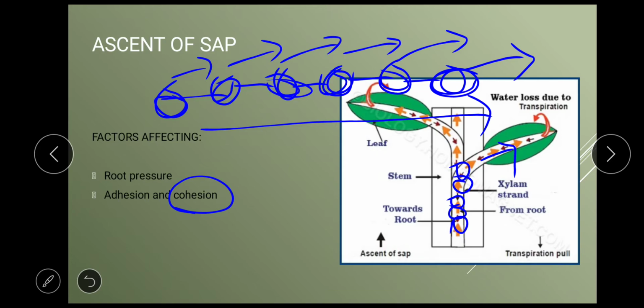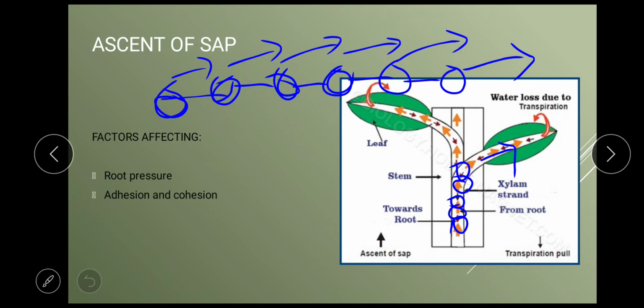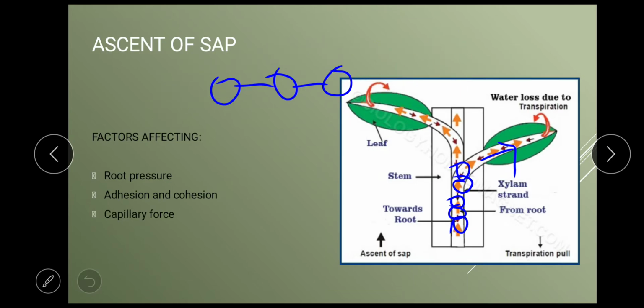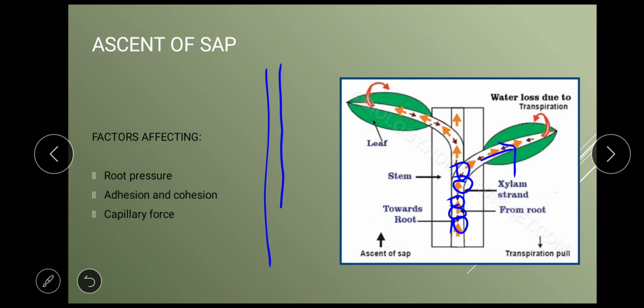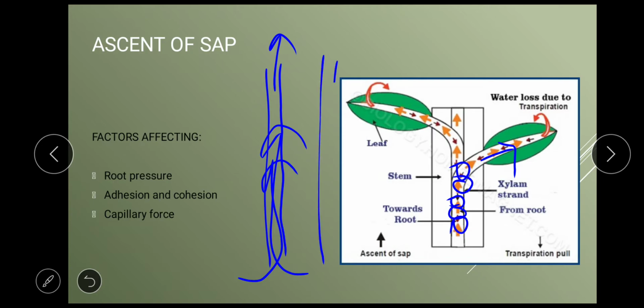Okay, next, capillary force. Okay, what is capillary force? Capillary force means something which is very narrow, like a straw. When you apply a little pressure from here, the liquid will come inside. See, anything which is very narrow will give a capillary force. Capillary force means liquid will immediately go up.